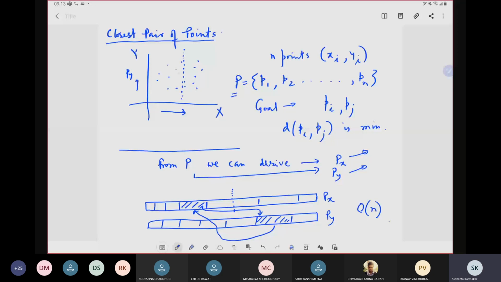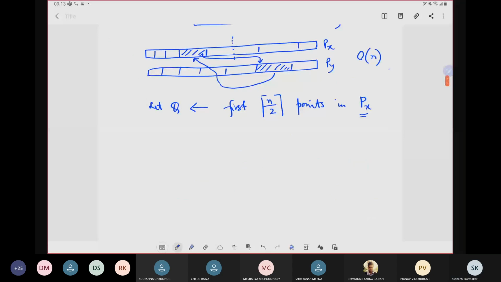Now what I have is R, the remaining half of Px. So this part is roughly my Q, and this part is roughly my R.